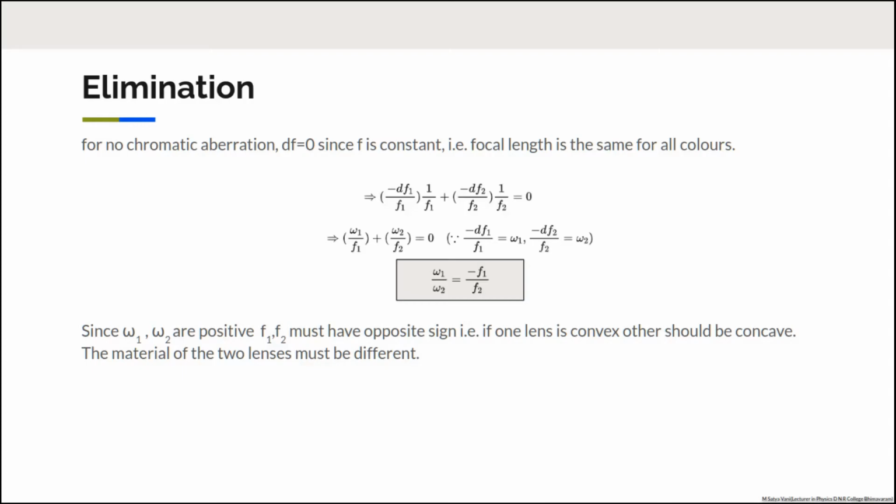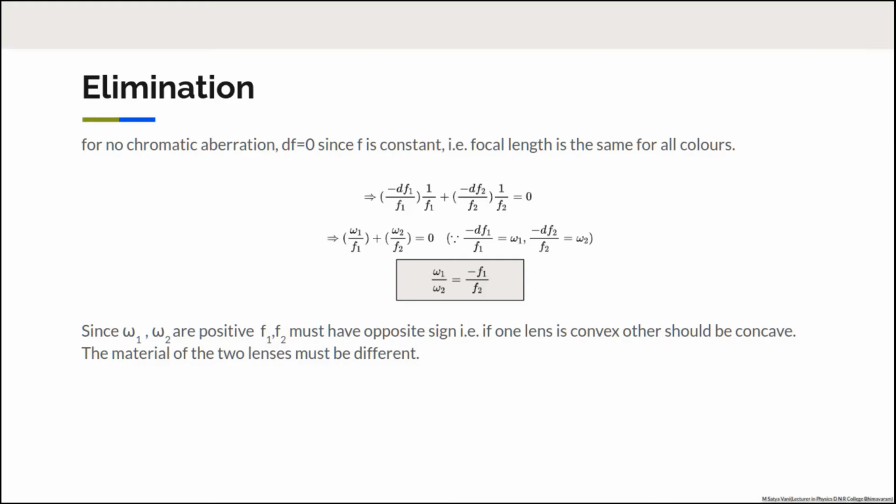If you observe this equation, the ratio of dispersive powers of the materials of the lenses is equal to the ratio of focal lengths of the 2 lenses. And the second point is, if you observe this equation on the right hand side, there is a negative sign. That means, as dispersive powers are positive quantities, either f1 must be negative or f2 must be negative.